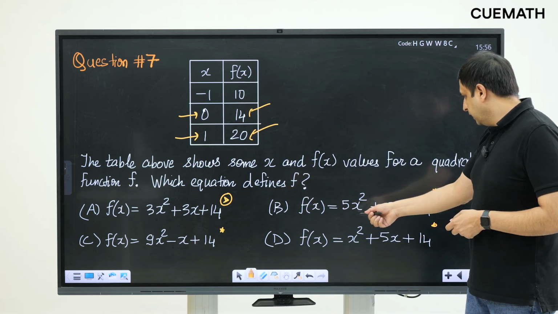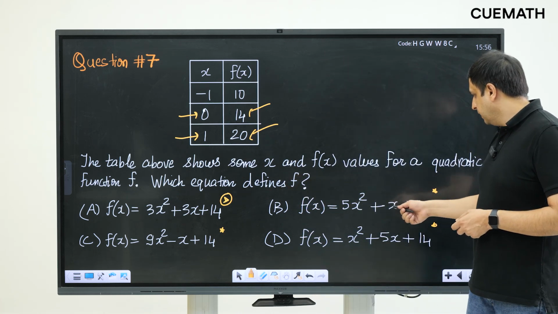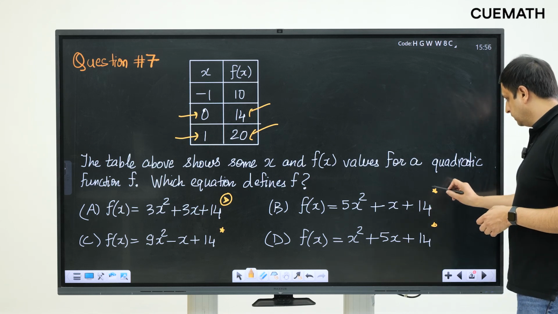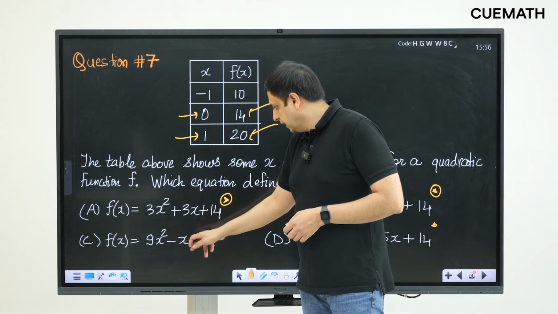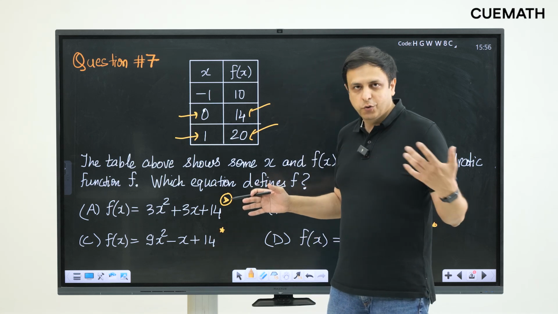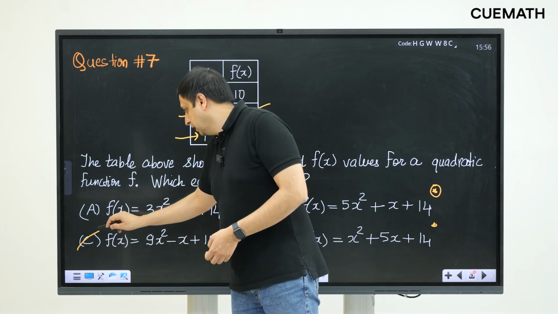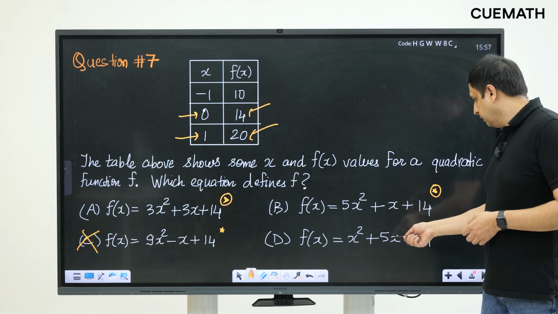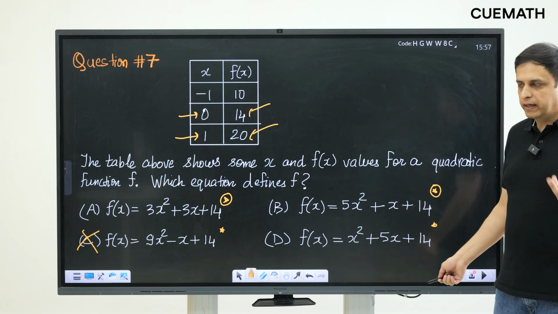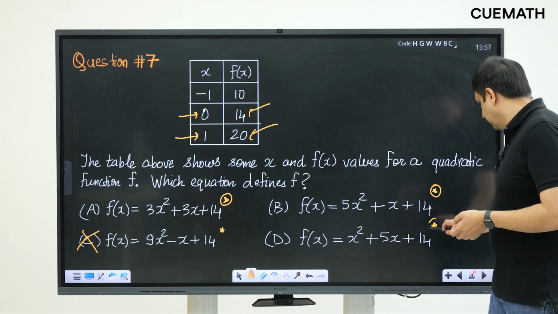If I substitute 1 here, I'm getting 5 plus 1, 6 plus 14, 20. So this is also an option. If I substitute 1 here, I get 9 minus 1, 8, plus 14, 22. So finally one option is ruled out, this won't work. And if I substitute x equal to 1 here, I get 1 plus 5, 6 plus 14, 20. So yes, this could also be a potential option.